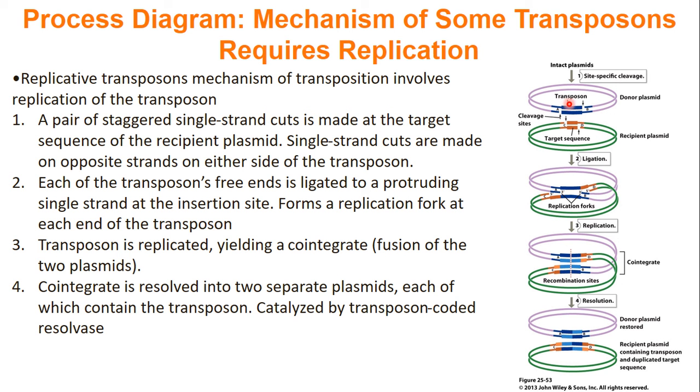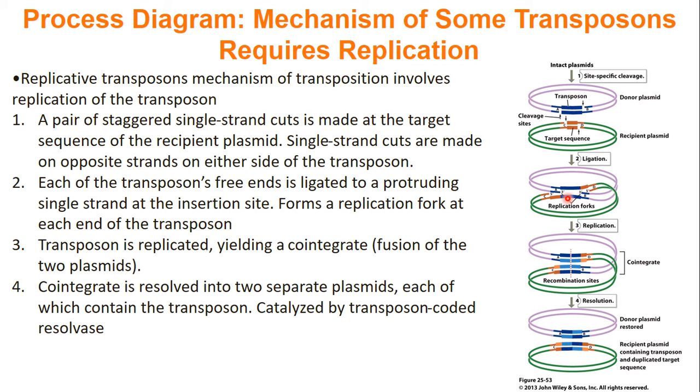The first thing we need to do is make staggered cuts at the target. So here is our target sequence, and we have made our staggered cut. For the transposon, we make a single cut on each strand. They have to be away from each other on each strand, like shown in this picture.